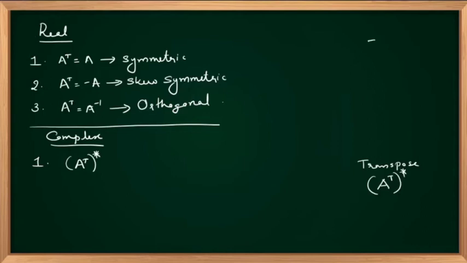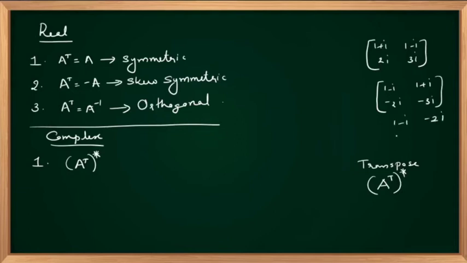I'll give an example. Suppose 1 plus i, 1 minus i, 2i, and 3i. What is the conjugate of this matrix? The conjugate is 1 minus i, 1 plus i, minus 2i, and minus 3i. Now the transpose is 1 minus i, minus 2i, 1 plus i, minus 3i.